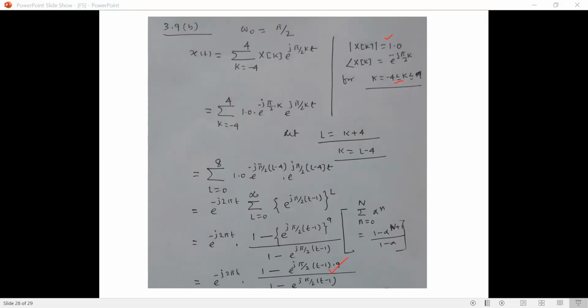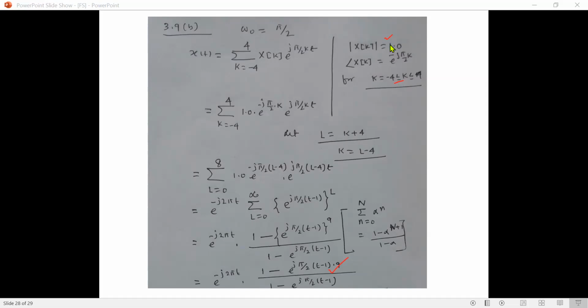In this case, 9 values of your Fourier constants are given with magnitude equal to 1, and the phase values are linearly changing from 2 pi to minus 2 pi for each value of your n. Then you can sum this thing up to find the value of your signal. Okay, try to do it on your own.